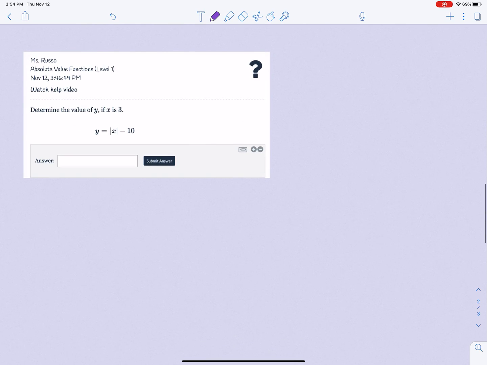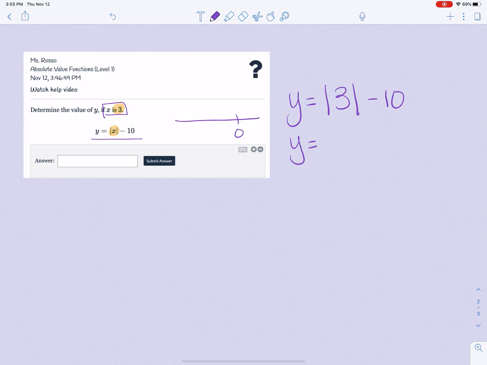So now we have x is 3 in our equation. So we are going to take our +3 and substitute it in for our value of x. So we have y equals the absolute value of 3 minus 10. So now we have our 3. If this is 0, whoops, here we go.